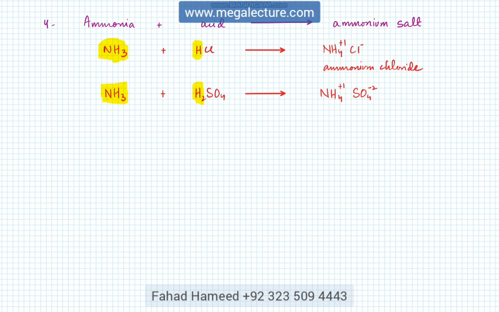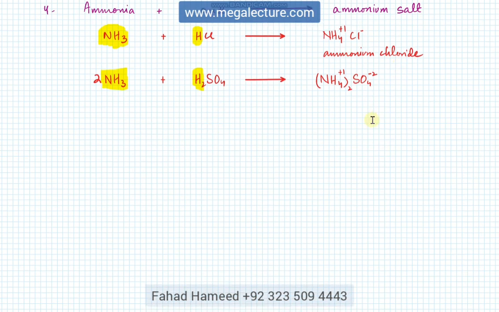If you do crisscross, it's going to be 2 NH4s and 1 SO4. And you can balance this. So there are 2 N's, so you can write 2 over here, and that should balance things out. Now this one is ammonium sulfate.